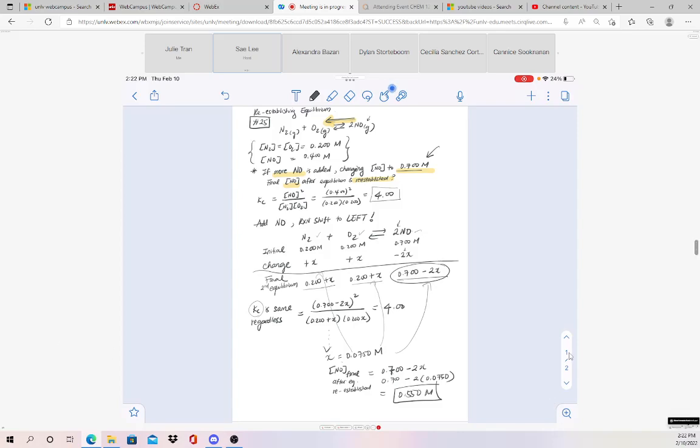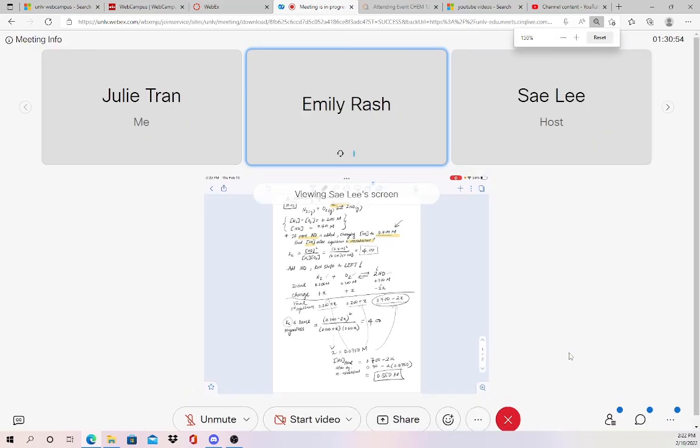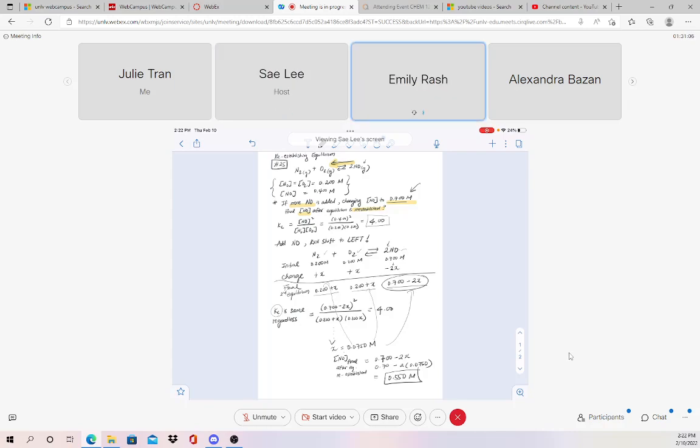For the change in the homework question you were just going over, where did you get the x and the 2x from? Is that just from the 2? Yeah. Keep in mind that you always have to use the coefficients in the balanced equation.